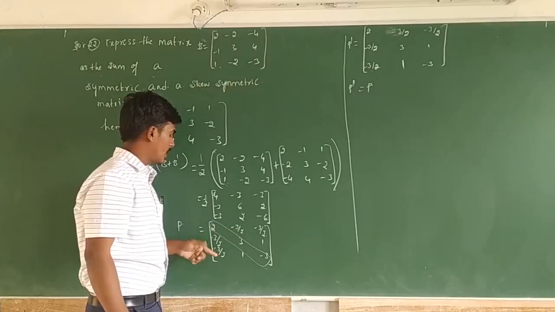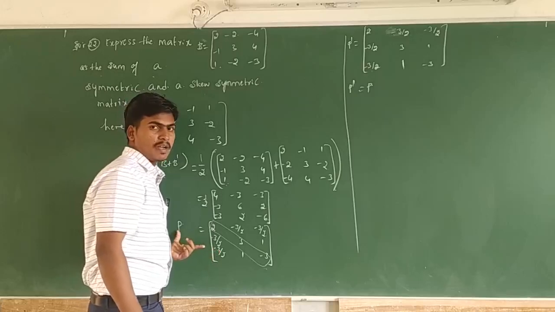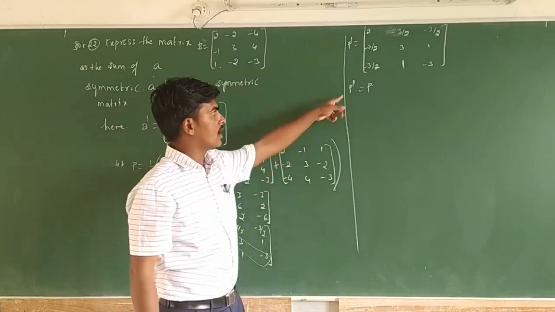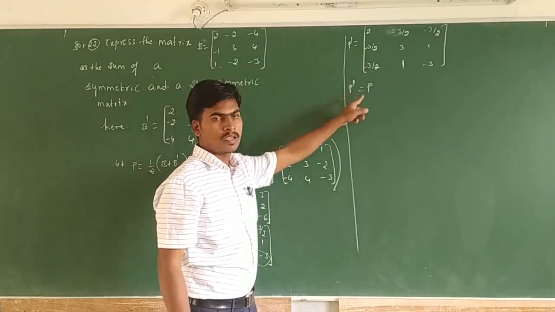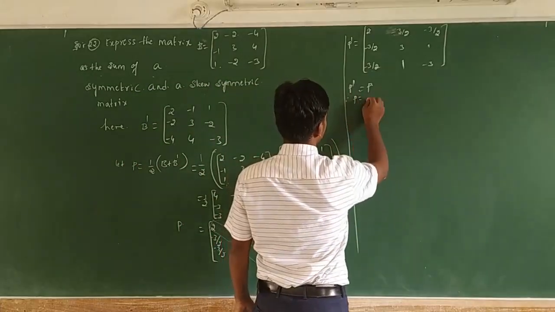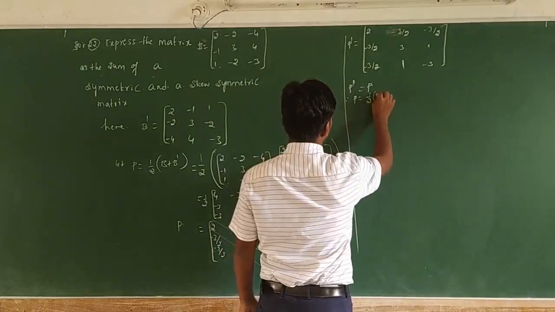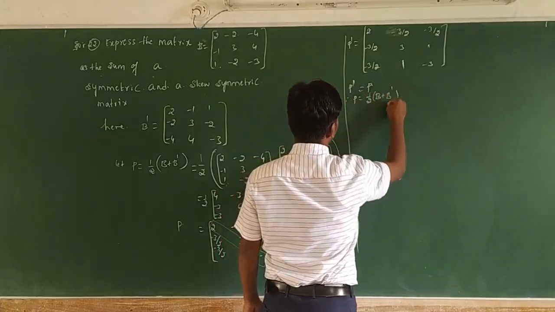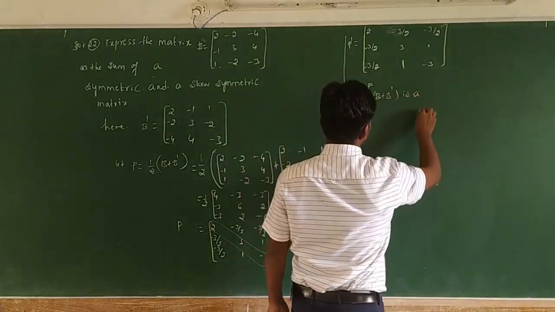So matrix P is a symmetric matrix. So P dash, or transpose of P, is equal to P. Therefore P, which is 1 by 2 into (B plus B transpose), is a symmetric matrix.